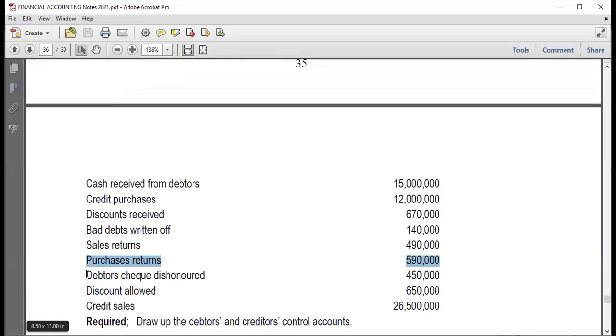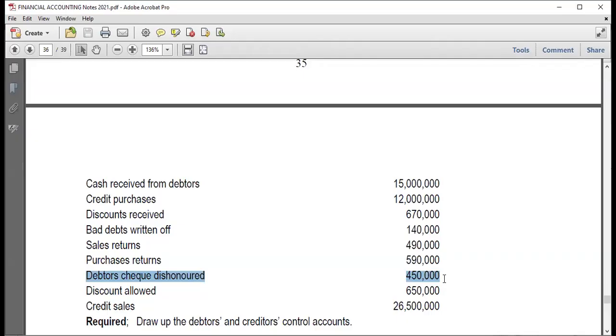Then I'll move to debtors check dishonored. Debtors check dishonored is relating to the sales ledger control account or the debtors control account. In this case, it is the check that we receive from our customers that is null and void, okay? So we should basically reinstate the debtors by value.